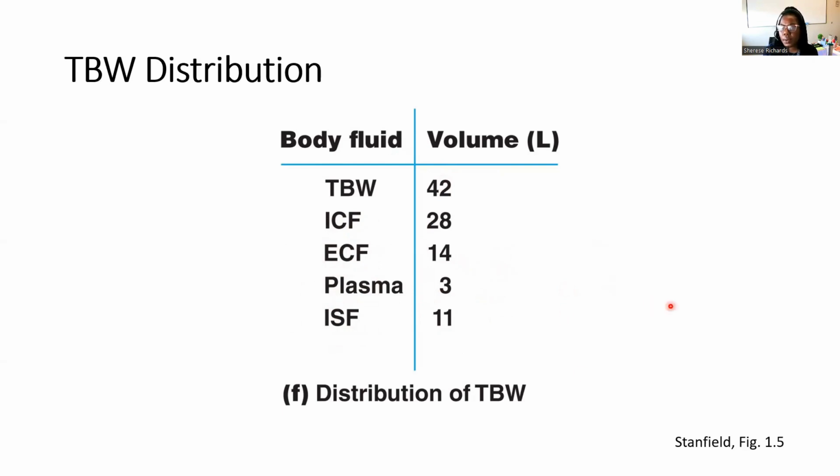Also important to point out is that these proportions or distributions, these volumes, are for an adult male, and they can vary significantly if we think about a child, an elderly person, someone who's pregnant, or someone who is in a diseased state, if you had kidney failure. These numbers can vary very significantly for pathologic states or for just different ages. So this is going to be standard for an adult male.